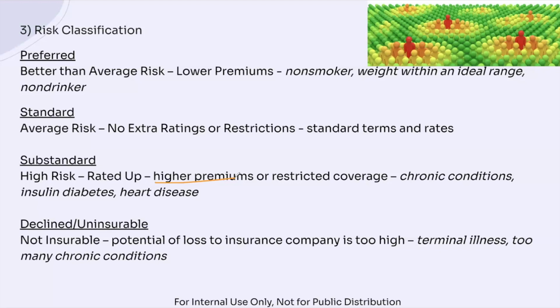And then lastly, individuals might be declined, and this happens really often. We as agents hope that the clients aren't declined, and we really try and help the client find an appropriate insurer. But sometimes there will be many rejections from the insurer because the individual has too many chronic conditions or is terminally ill.